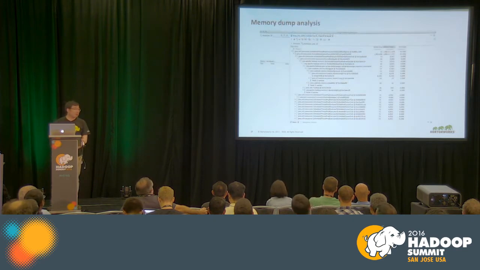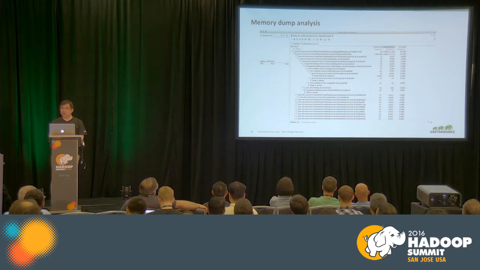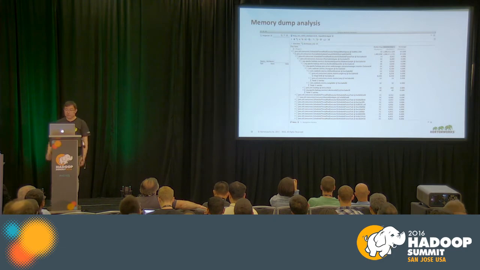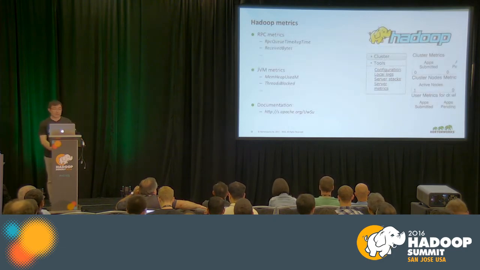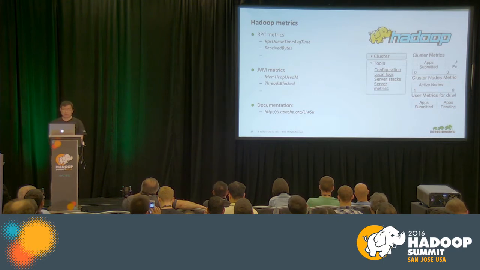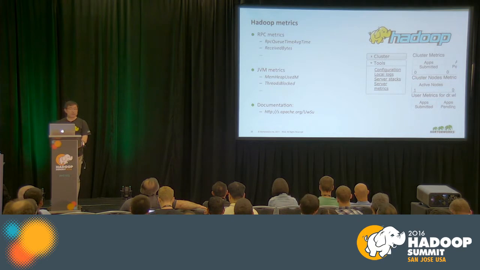If you meet the out of memory issue, you have to use some memory analysis tools like Memory Analyzer to see what's going wrong there. Also, there are some important metrics in Hadoop, like RPC metrics to get the RPC queue time and average time. That hints at the networking for the RPC.